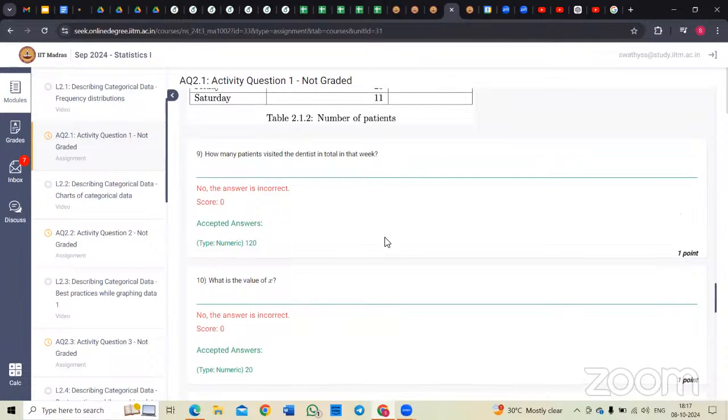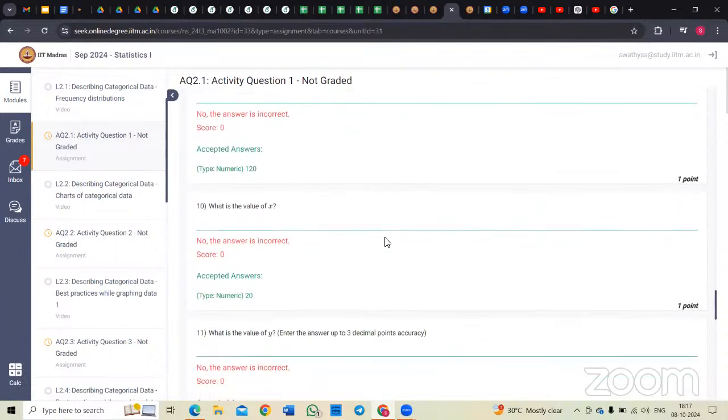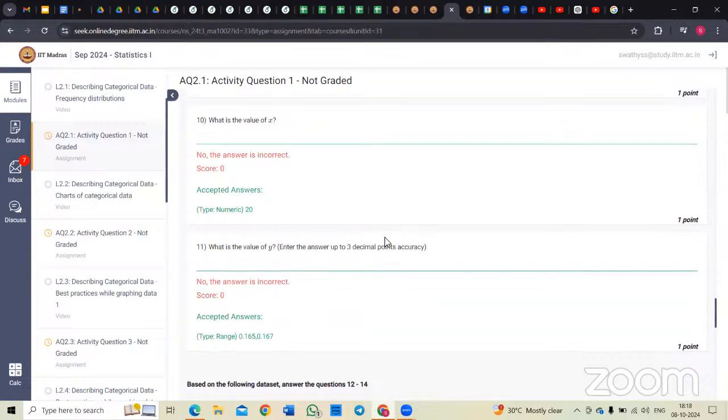Maybe some technical issue. It is accepting only 0.166. Means the answer should be between 165 and 167. Yeah, the range is given. This is the range, not the answer actually.